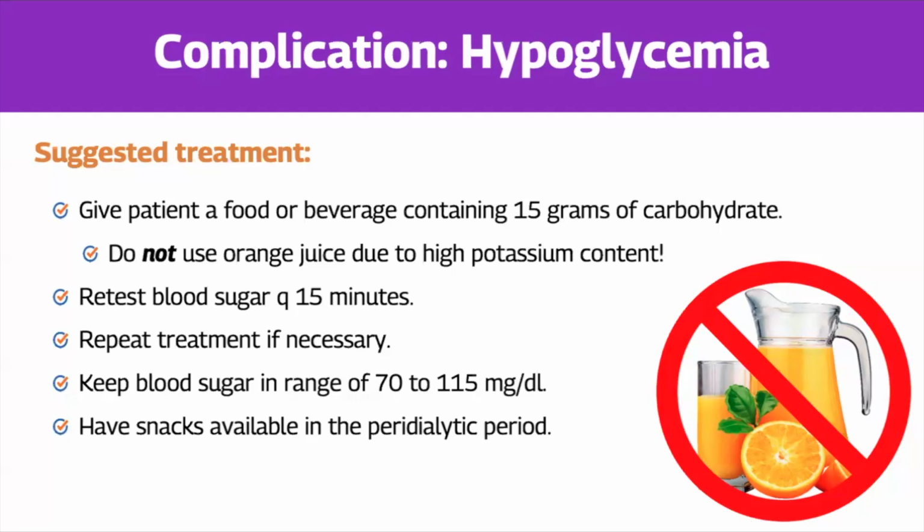So you want to retest that blood sugar every 15 minutes, repeat the treatment if necessary to keep that blood sugar range from 70 to 115. Have snacks available in the peridialytic period. So when a patient comes off dialysis, they should have some kind of snack, especially if they're diabetic.